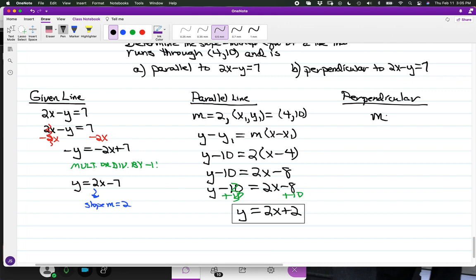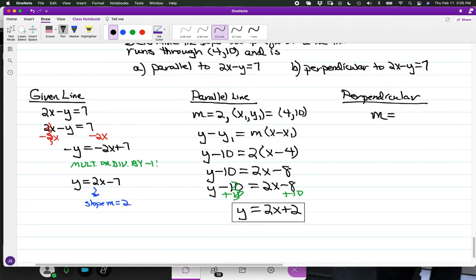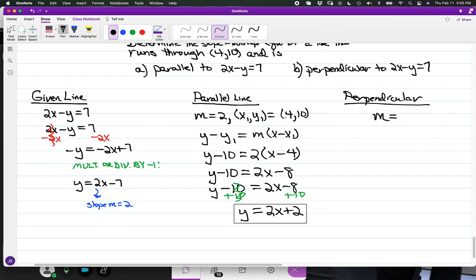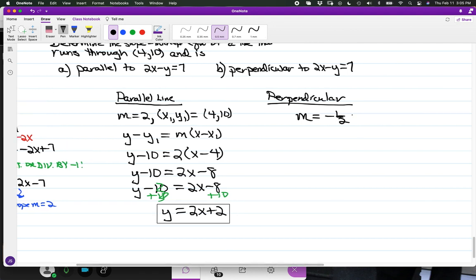So for the perpendicular, we have the opposite sign reciprocal of 2, which is going to be negative 1/2. And we still have the same point through which that line is going to pass.